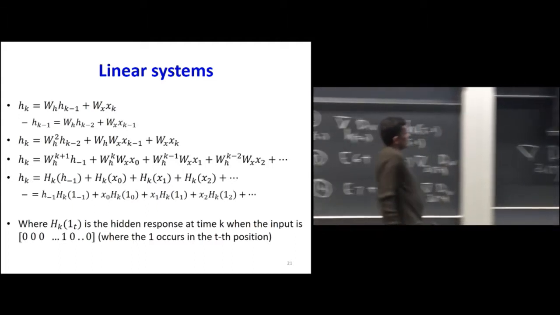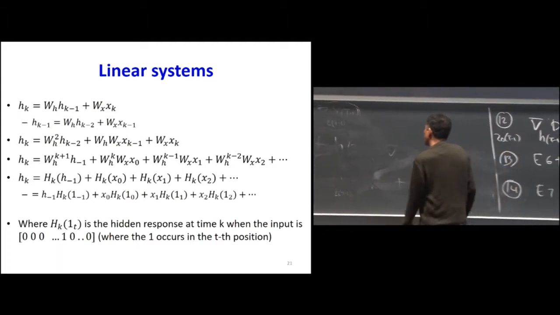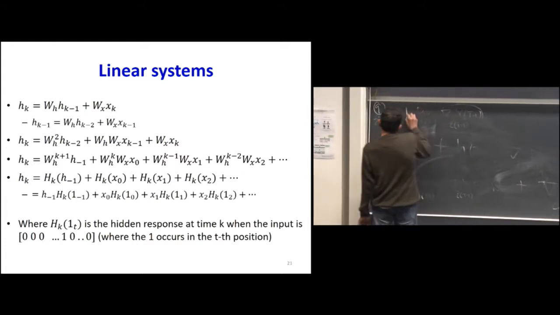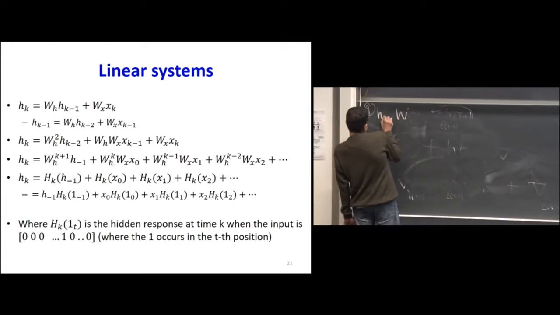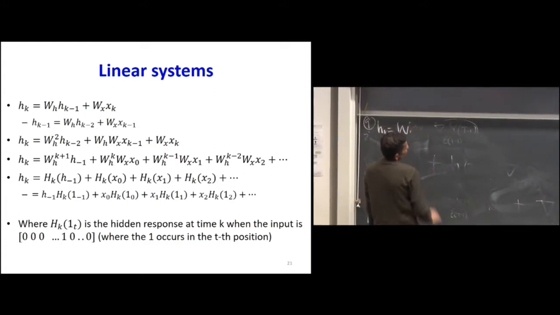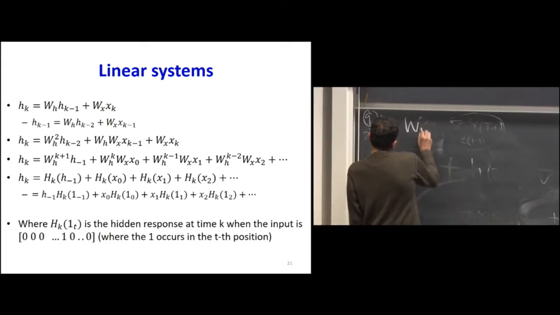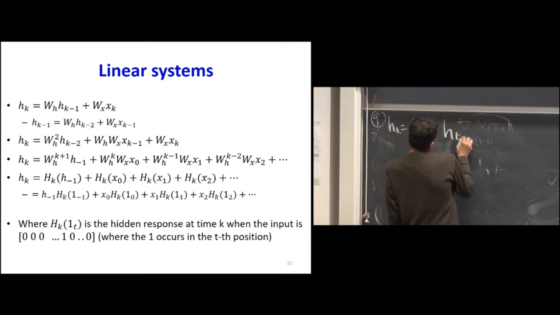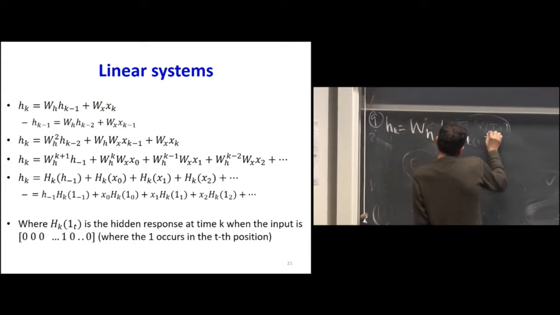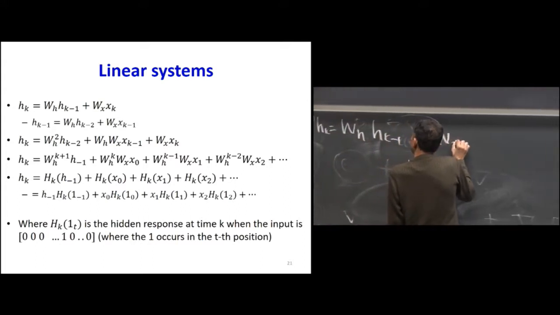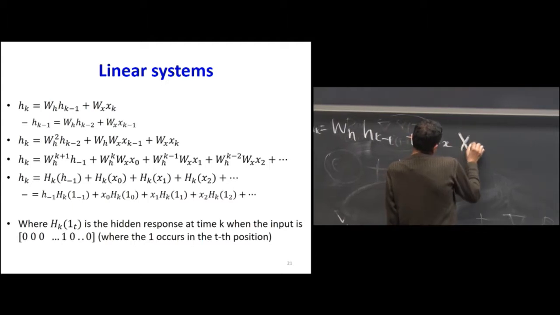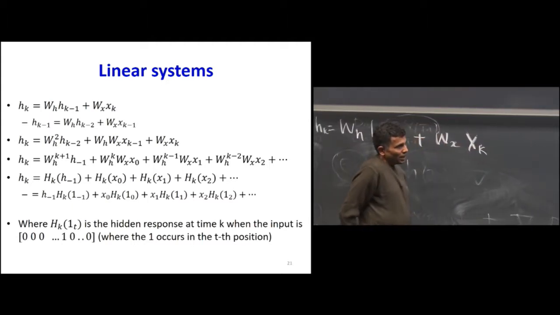So the basic structure we had was this on top, right? hk equals WH hk minus 1 plus WX xk, where k represents time, okay?